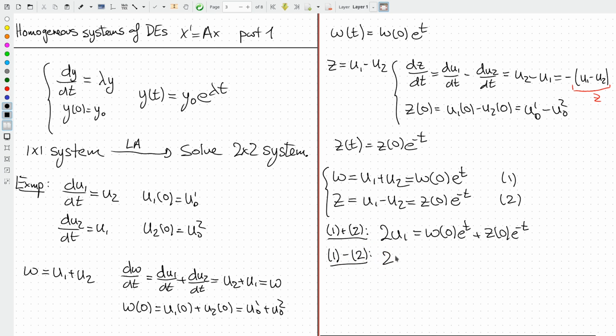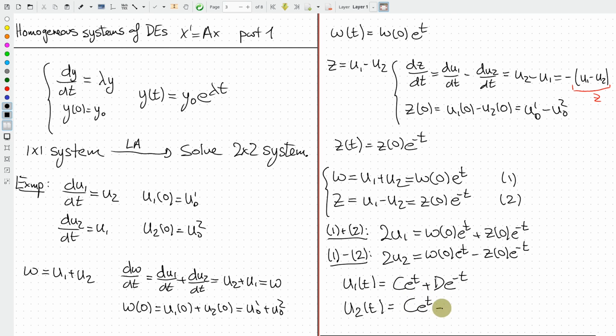So I get 2u2 equals w0 e to the t minus z of 0 e to the negative t. So this means that u1 of t is some constant e to the t plus some other constant e to the negative t, and similarly u2 of t is some constant e to the t minus some constant e to the negative t.